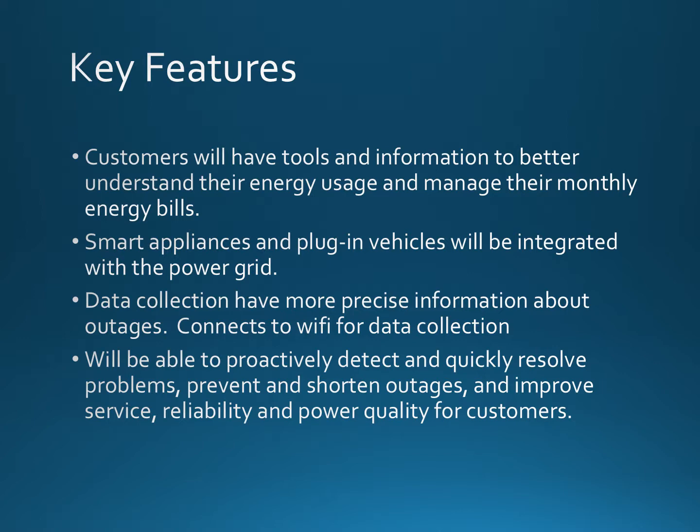It will give you the ability to lower your temperatures in the winter when you're not at home, or increase your temperatures in the summer when you're not at home. This ability will give you information to see how much energy you're consuming, and it'll give you the information that you need to lower your energy bills. Smart appliances and plug-in vehicles will also be integrated into the power grid.